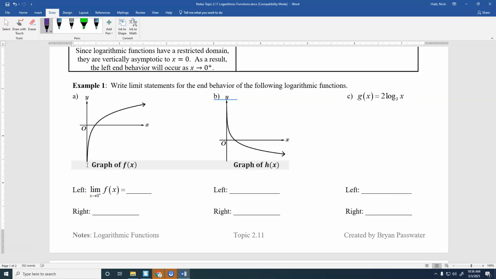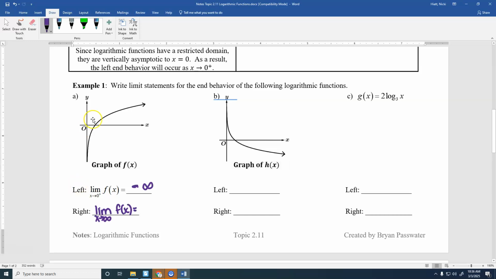Very good. It'll be negative infinity. On the right side, that's where our x approaches positive infinity, so we'd get the limit as x approaches positive infinity of f of x.